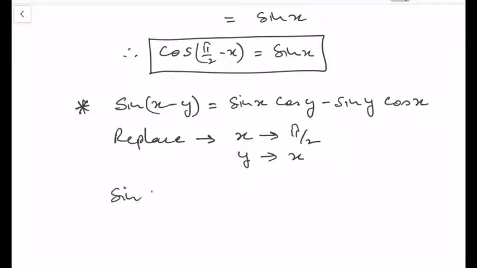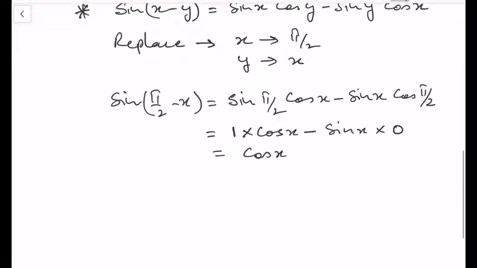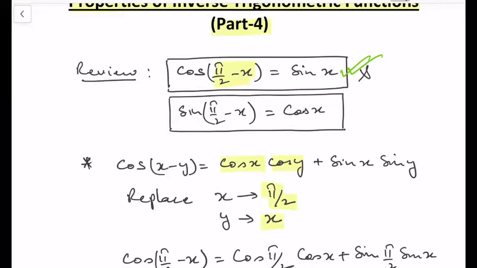So sin(pi/2 - x) will be sin(pi/2) cos x minus sin x cos(pi/2), and sin(pi/2) is 1, so 1 times cos x minus sin x, cos(pi/2) is 0, so sin x times 0. So we will get cos x. Therefore, sin(pi/2 - x) is equal to cos x. So we will be using these 2 properties in proving today's properties.